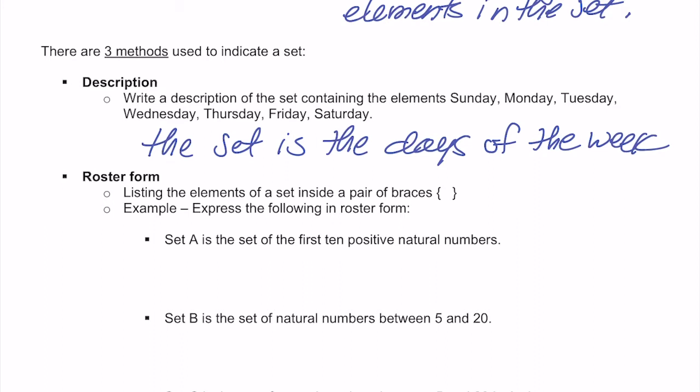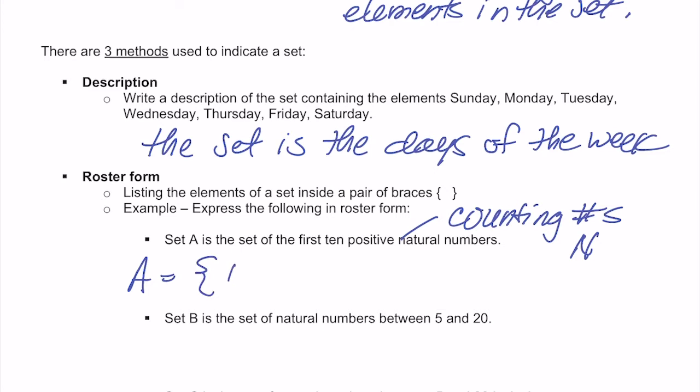So if we were to take set A as the set of the first 10 positive natural numbers, the natural numbers are going to come up quite a bit, and natural numbers are just counting numbers. Your book uses the letter N for natural numbers, and if we were to begin counting, we would start with the number 1. So if I'm looking at the first 10 positive natural numbers, my set A, capital A, we would list numbers 1 through 10 inside the braces.